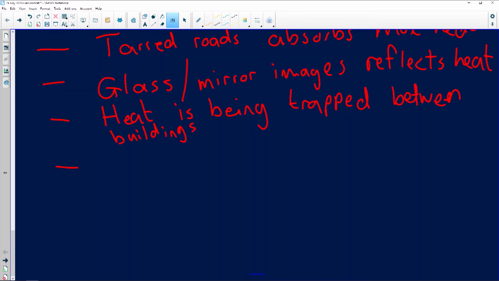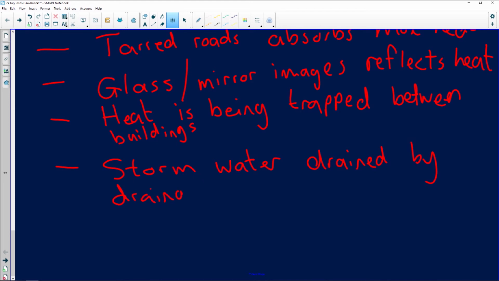And lastly, like I've mentioned, stormwater after a heavy rainfall is drained by the sewage systems or the drainage systems of a city.